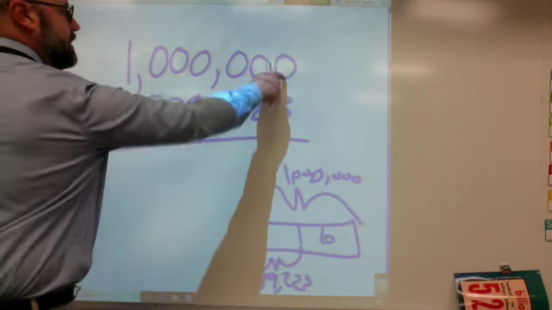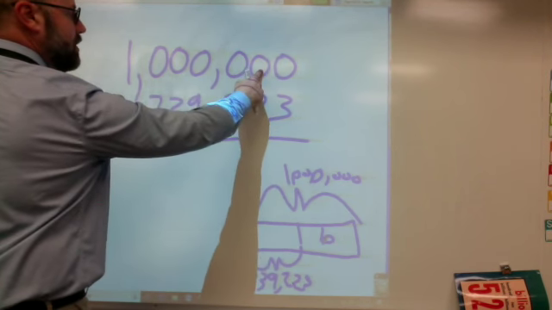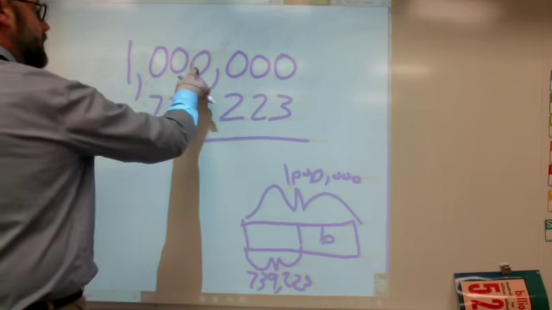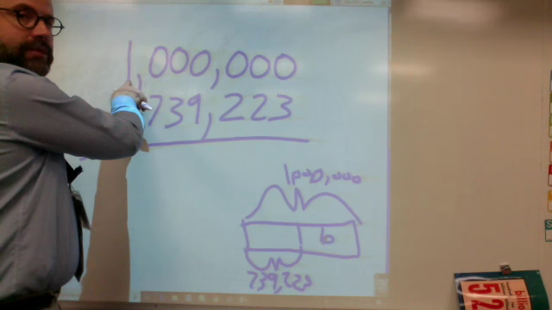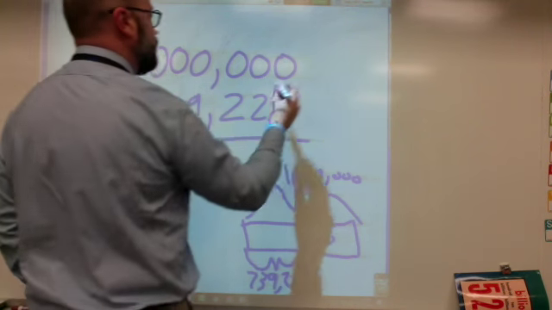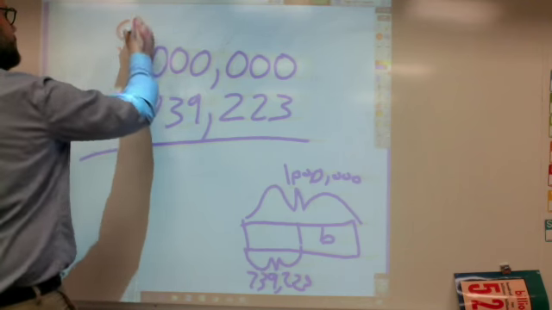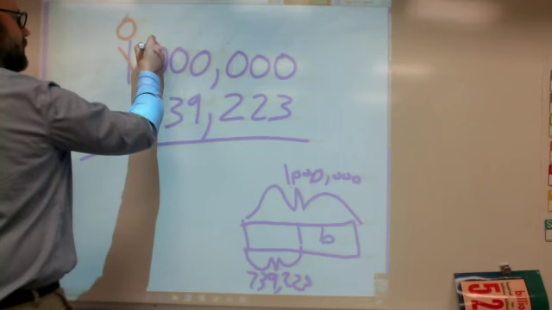What do we do? We can't do 0 minus 3. I can't come over here and borrow anything to make that. I can't come over here and borrow anything to make that. The only place I can regroup from is this 1 over here. So I'm going to use a different color pen. That 1 becomes a 0. That's going to become 10.